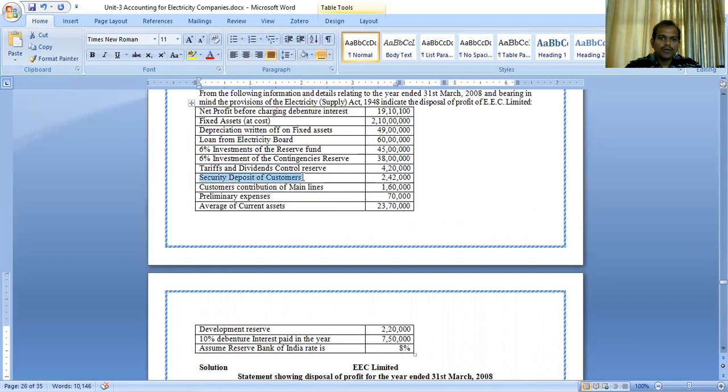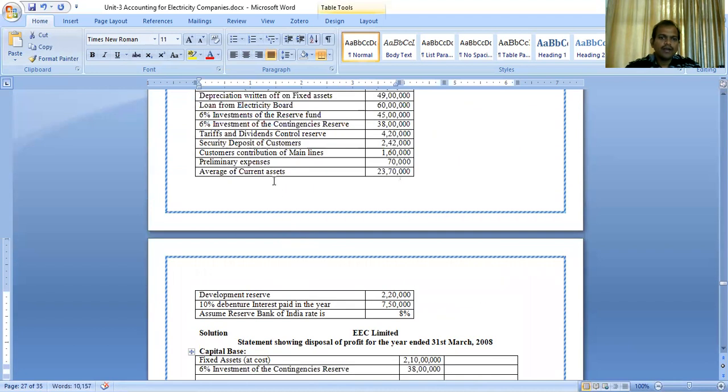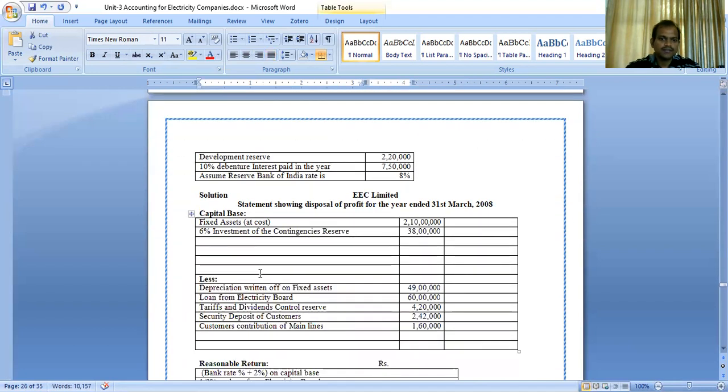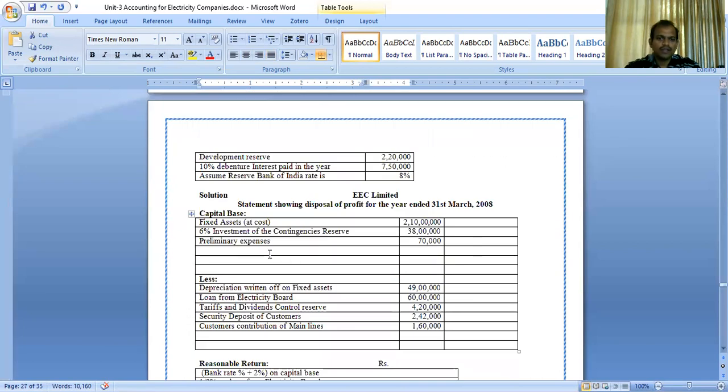And the security deposits of the customers and the customer contribution of the main lines. So these two items are deductible items. And preliminary expenses, these are the assets. Average current assets, 23,70,000.